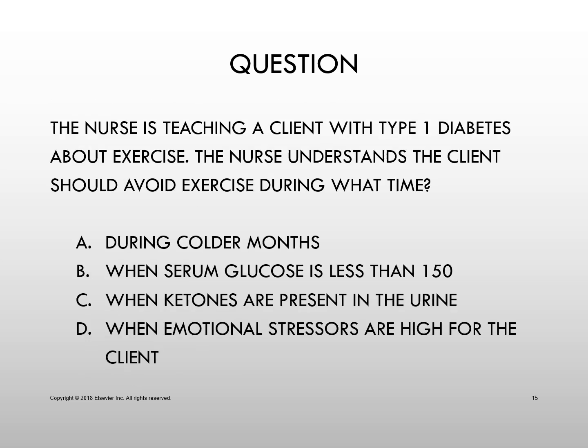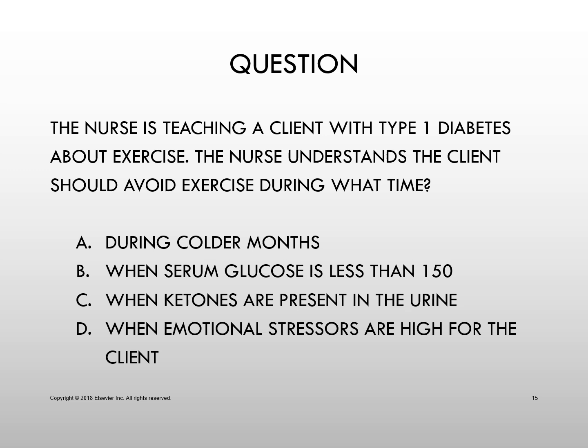And final question. The nurse is teaching a client with type 1 diabetes about exercise. The nurse understands the client should avoid exercise during what time? During colder months, when serum glucose is less than 150, when ketones are present in the urine, when emotional stressors are high for the client.